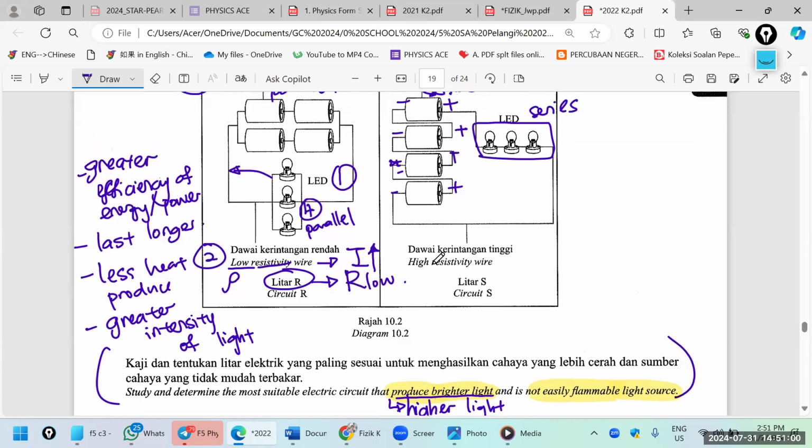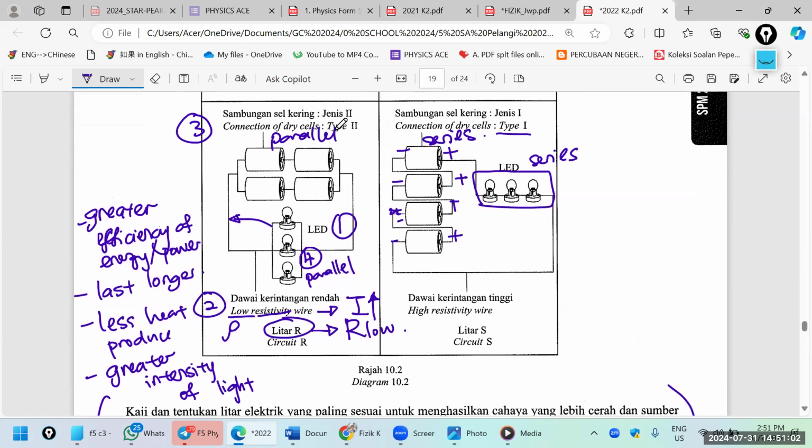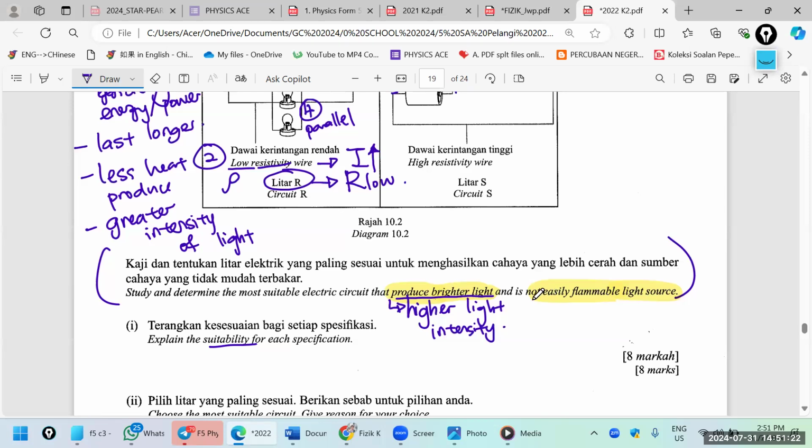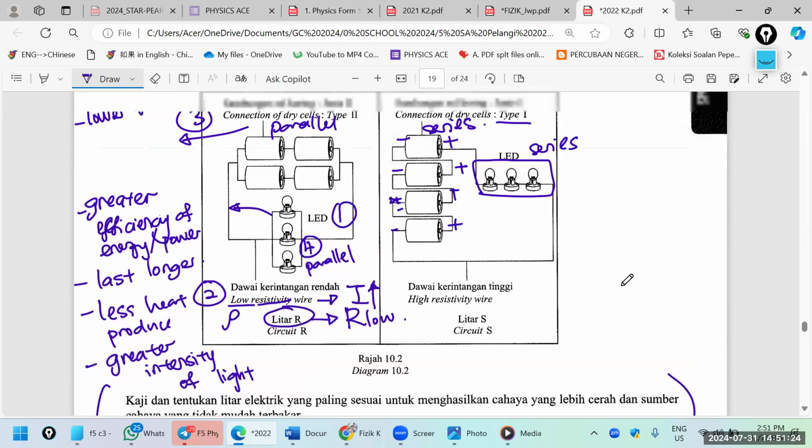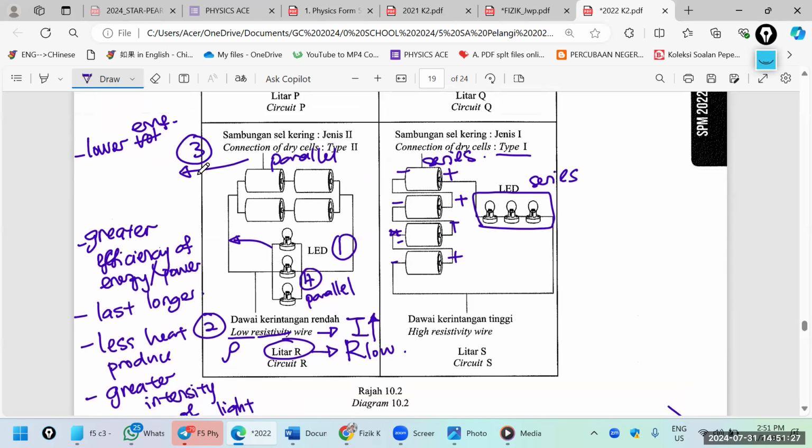Okay, then next, number 3. The parallel, why parallel battery? We can say lower voltage or lower EMF, because they don't want it easily flammable. If the voltage is too high, it might be flammable. Lower EMF. What else?